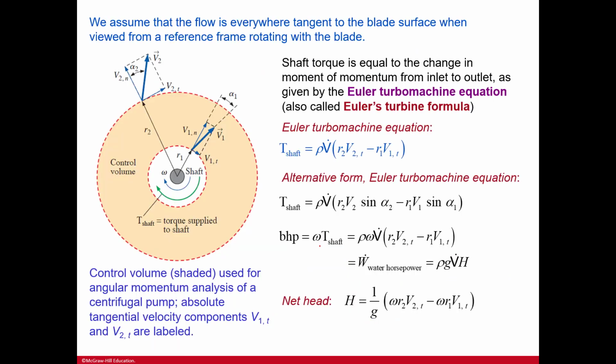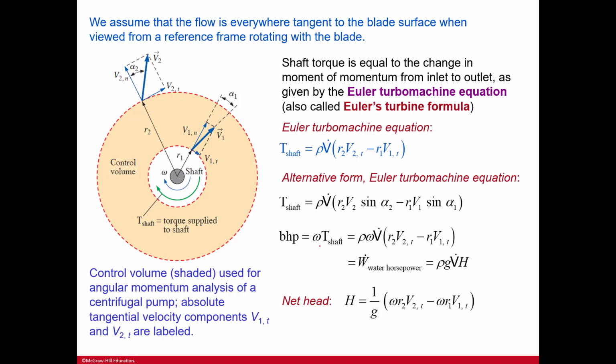We assume that the flow is everywhere tangent to the blade surface when viewed from a reference frame rotating with the blade. So shaft torque is equal to the change in angular momentum from inlet to outlet and is given by the Euler turbomachine equation. It's also called the Euler turbine formula or the Euler equation, depending on the pronunciation.